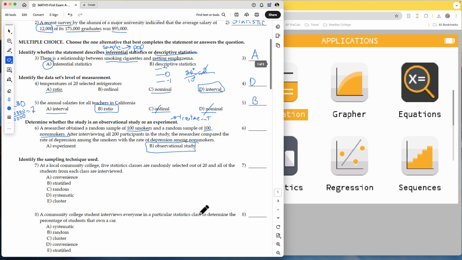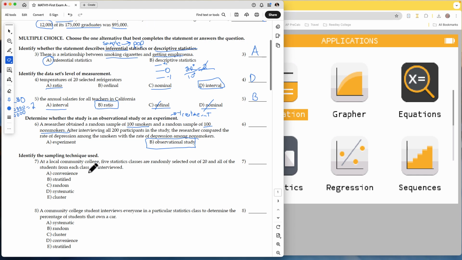Identify the sampling technique. So we've got to know all these different sampling techniques, and on the exam you may get ones that are similar or are asking for different. So at a local community college, 5 statistics classes are randomly selected out of 20, and all of the students from each class are interviewed. This has the markings of cluster sampling.